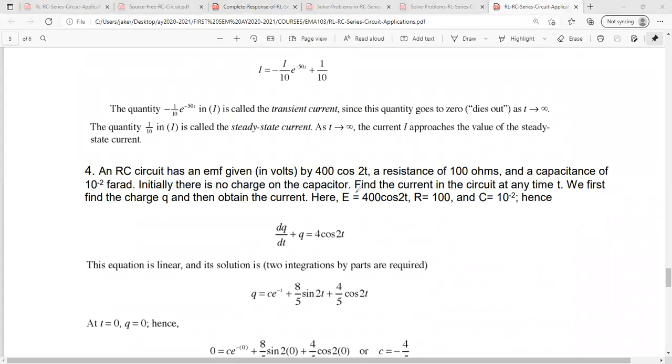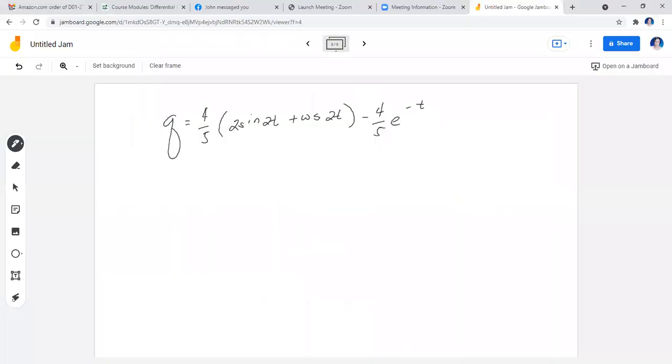So anybody here who can suggest what do we do, since what we have processed so far is a formula that will only allow us to solve for the charge? How do we find the formula that will allow us to solve for the current? Since this one is for the charge.